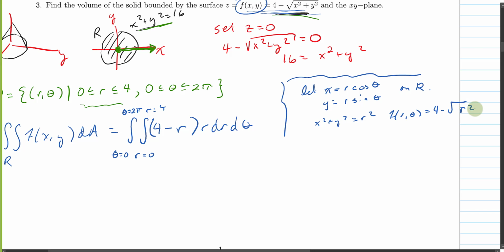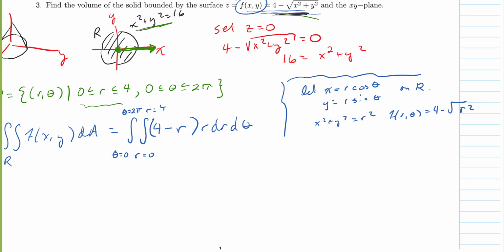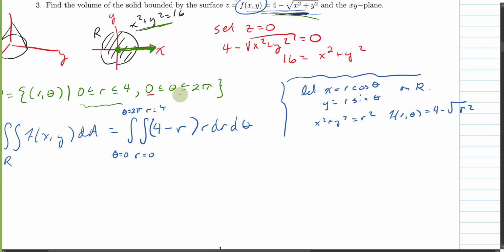But because we picked non-negative values for our r, when we have the square root of r squared, we could just write that as 4 minus r, and that's what I put in here.